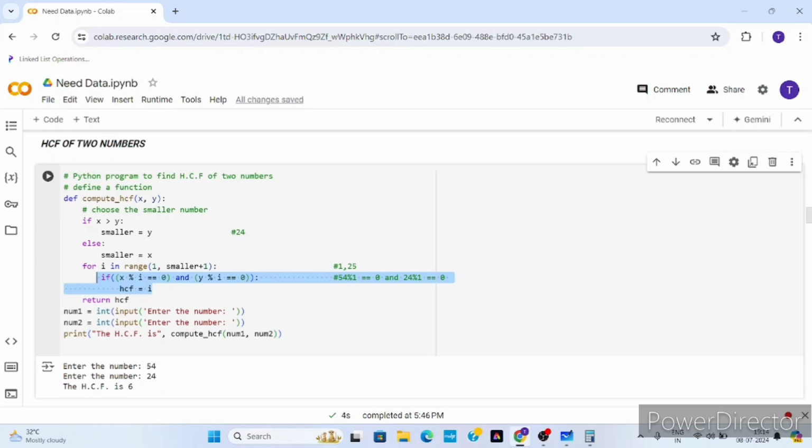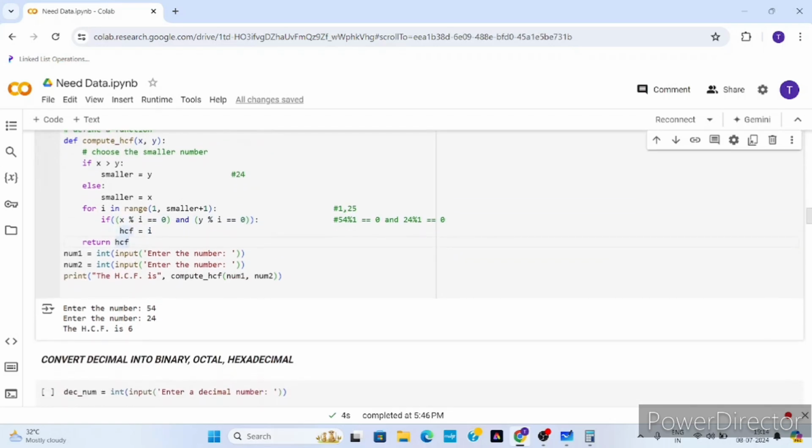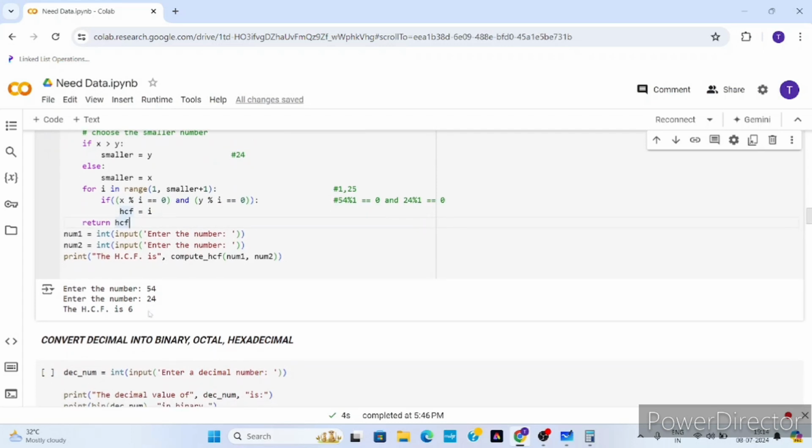Like this it continues, and when the condition gets satisfied, it just calculates this and returns the HCF value. The HCF value is 6. Okay.